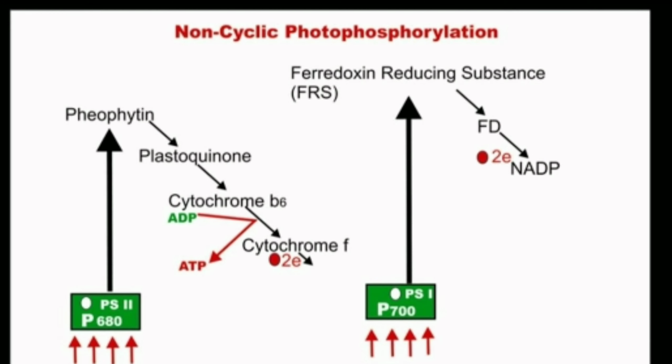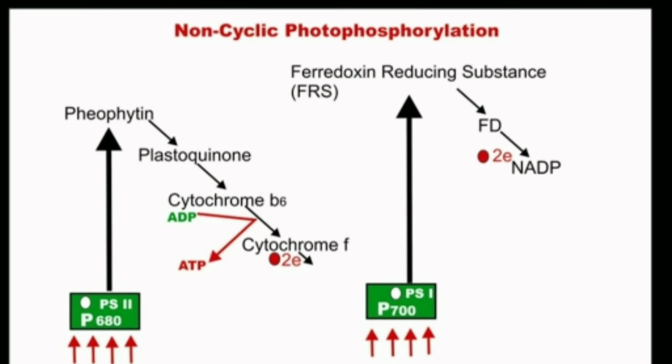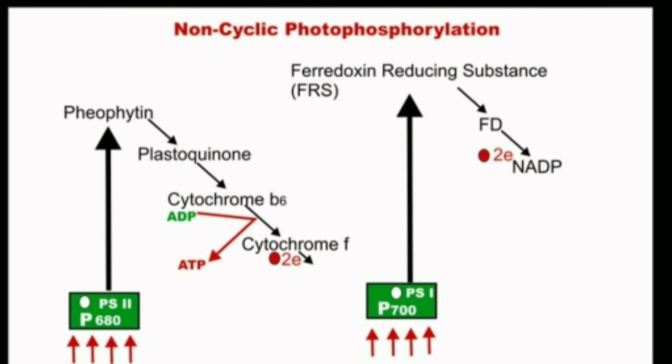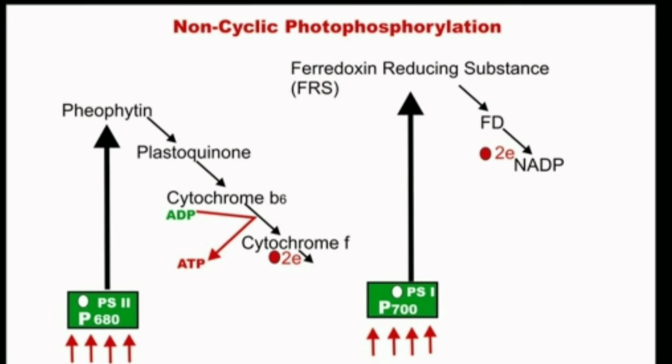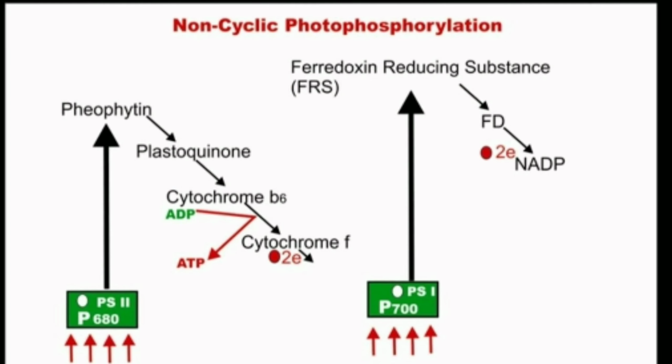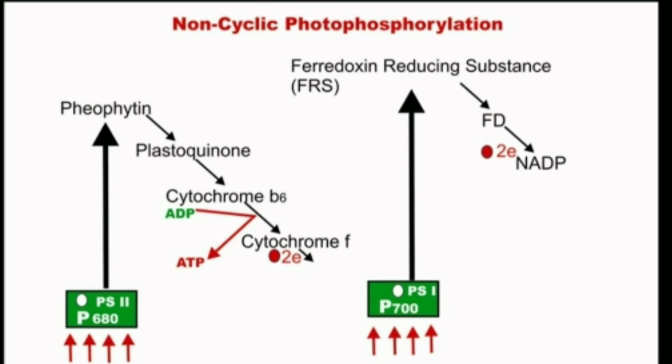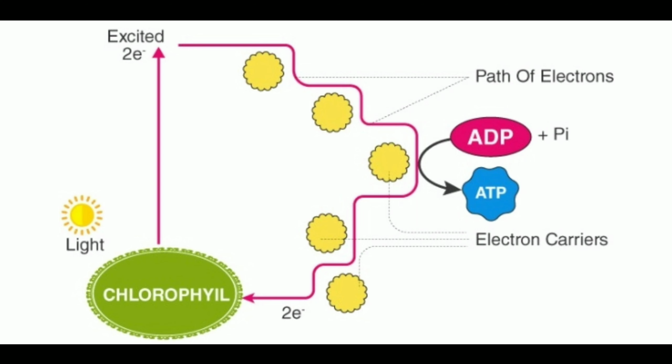This is a cyclic process, so we call it cyclic photophosphorylation. In cyclic photophosphorylation, only photosystem 1 is involved, and photolysis of water also does not take place, and only ATP is synthesized, and there is no reducing power, that is NADPH.